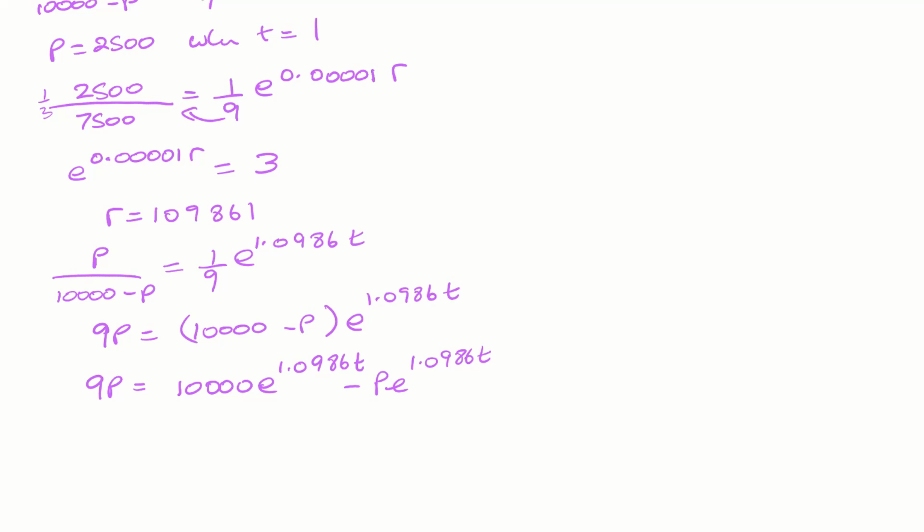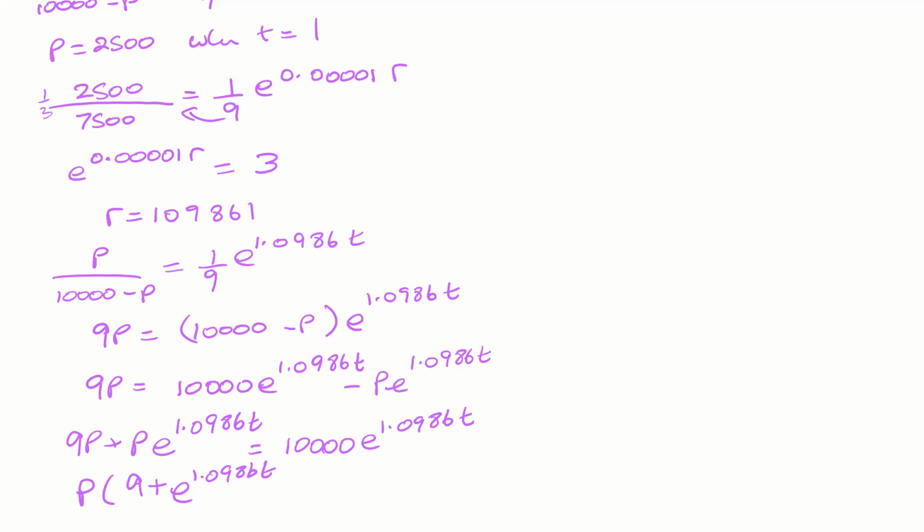Then we get 9P plus P e to the 1.0986 t is equal to 10,000 e to the 1.0986 t. We can factorize on this side, so we get P into (9 plus e to the 1.0986 t) is equal to 10,000 e to the 1.0986 t.